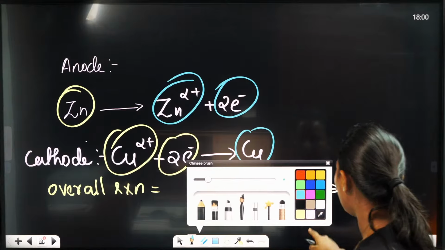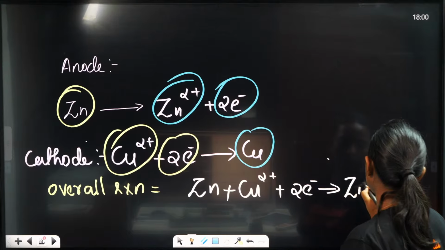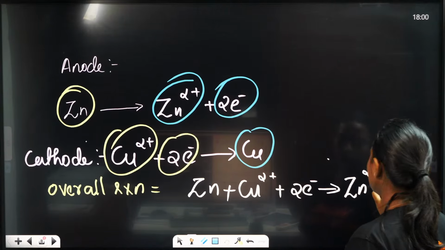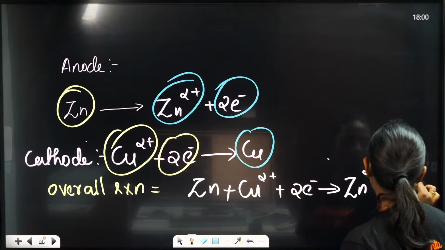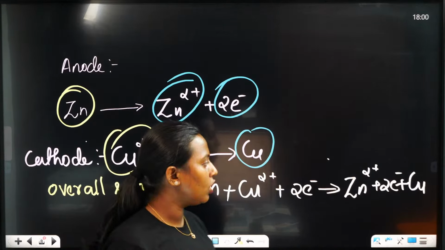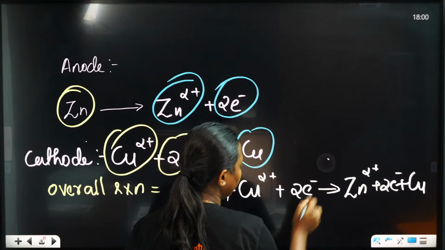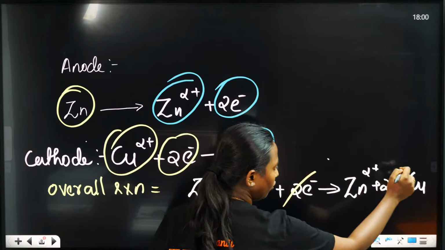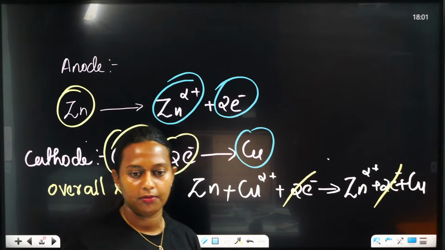So I am writing Zn2+, 2 electrons and copper. Clear? Here you can see the common species, the 2 electrons, so they cancel.